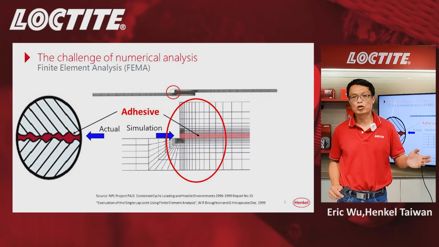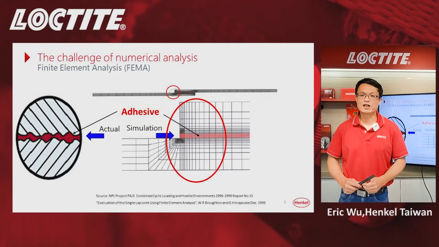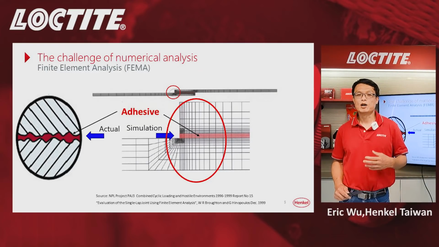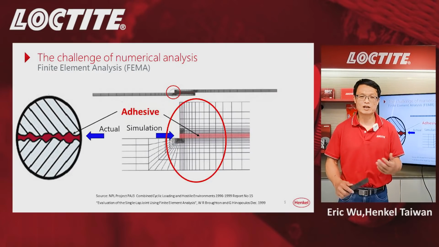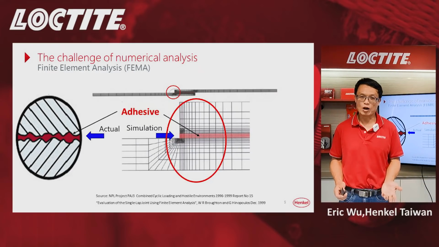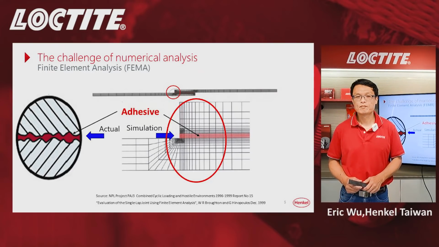The red color shown here is actually the adhesive layer. They cut it in a very fine mesh for the finite element analysis. Either you apply stress continuity or strain continuity to come out with the stress distribution of this bonding area, to come out with an overall strength projection.